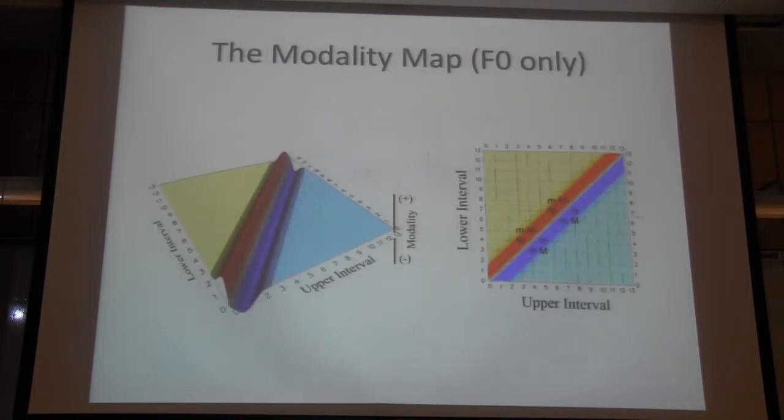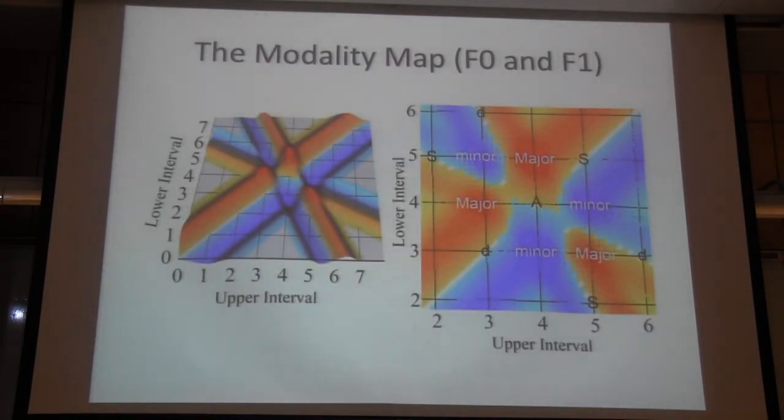So again, to put this onto the triadic grid, fundamental frequency only is not very interesting. You get this kind of stripe here with a major peak and a minor trough, and a few major and minor chords that are in the plane that's neither major or minor, and that's not correct in terms of what we know about the sounds of those major and minor chords.